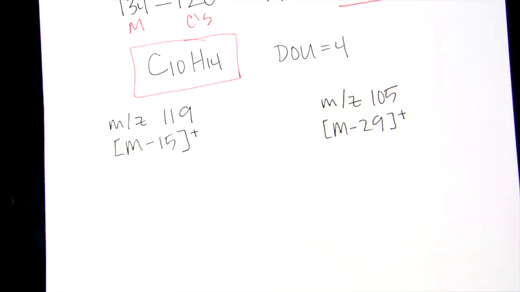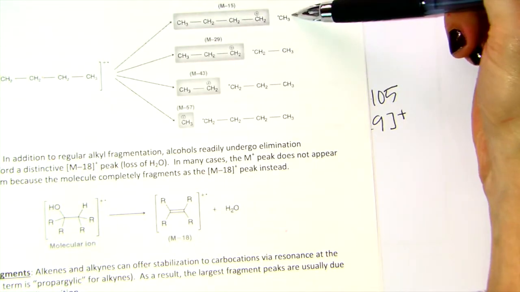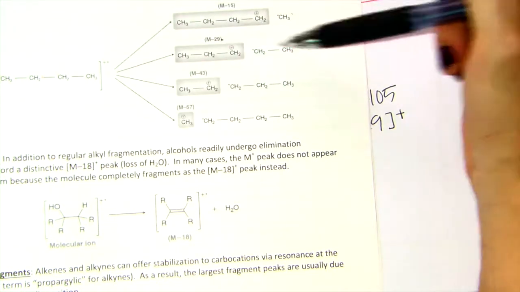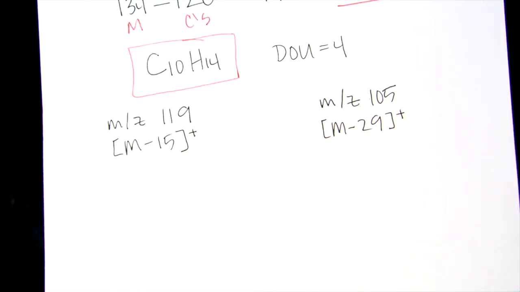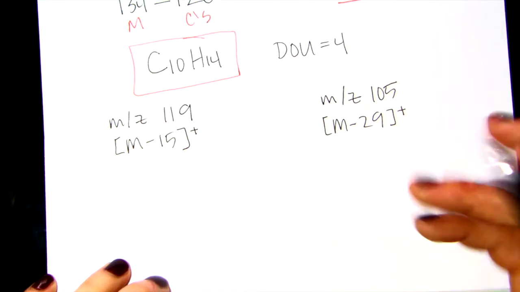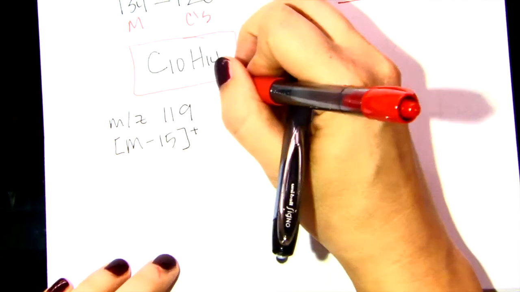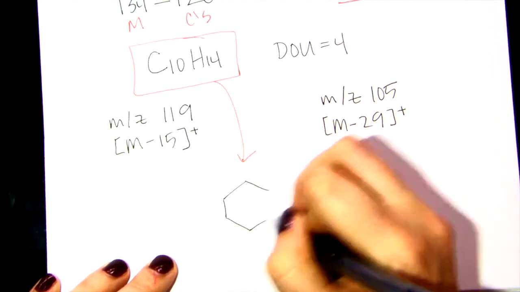So again, if you don't remember the numbers, you can reference or calculate. 15 is the loss of a methyl. Minus 29 is the loss of an ethyl. So that just means we have alkyl groups on our molecule. And so again, just putting together an overall formula for this one. If we have a DOU of 4, again, aromatic compound is likely.